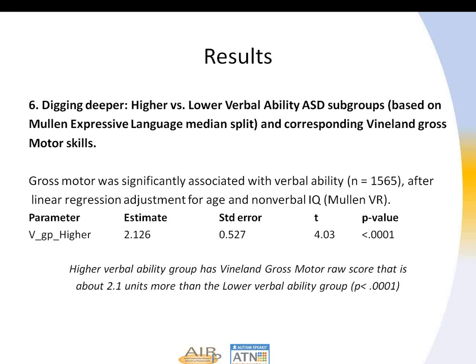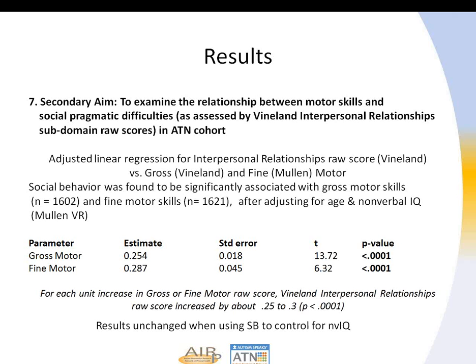And what we found, looking at gross motor scores, was that the higher verbal ability group has gross motor scores about 2.1 units more than the lower verbal ability group. So this is in some way consistent with the general theme that the higher the verbal ability, the better the motor scores or motor skills.